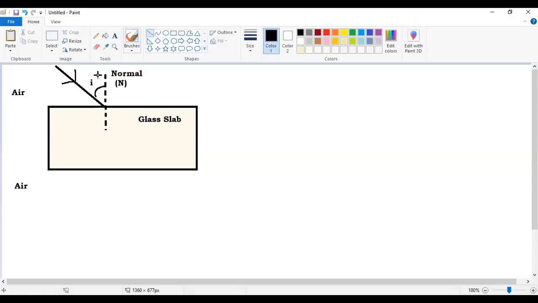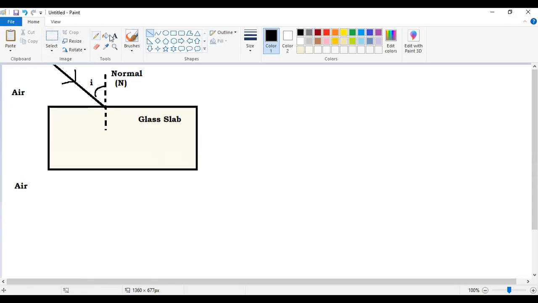So students, this is an incident ray falling on a glass slab, and the angle made between incident ray and the normal is known as angle of incidence.